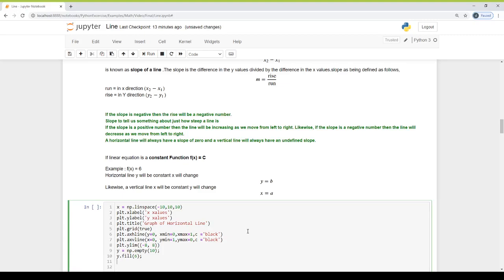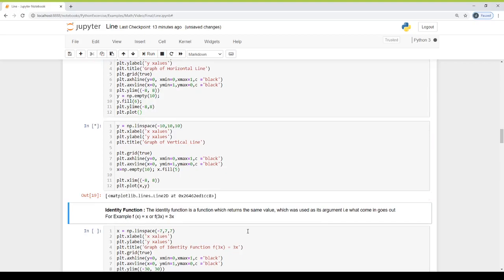So our plot y limit, plt dot ylim, minus 8 to 8, plt dot plot, shift enter.